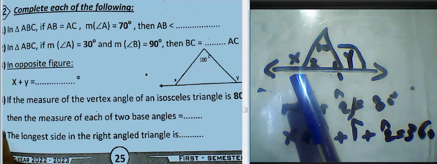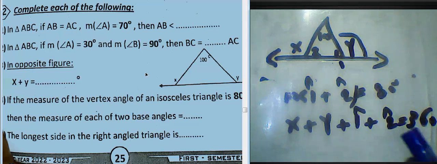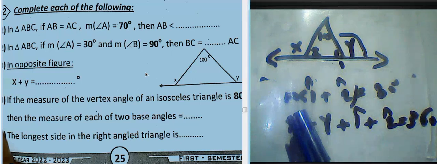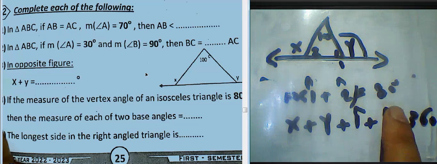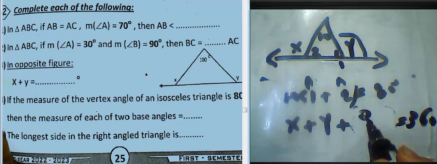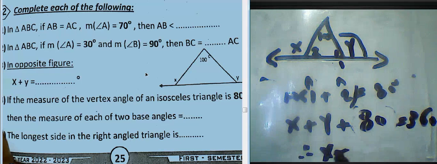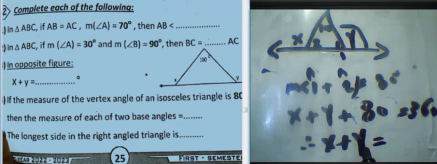So x plus angle 2 plus angle 1 plus y equals 360. We can substitute angle 1 plus angle 2 equals 80 degrees. Then x plus y equals 360 subtract 80.